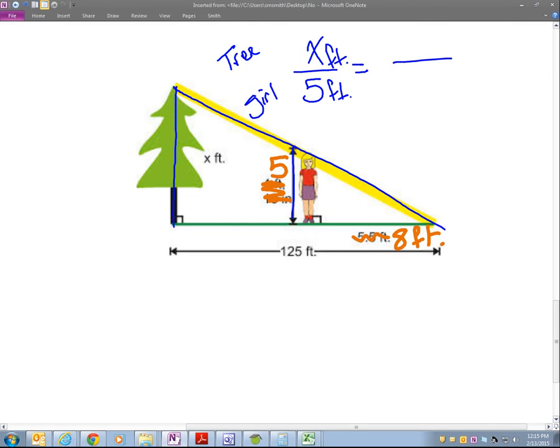Now, the shadow of the tree, because we're going in the numerator, is how big, Gina? 125 feet. Then the length of the shadow of the girl is what, Juliet? 8 feet.